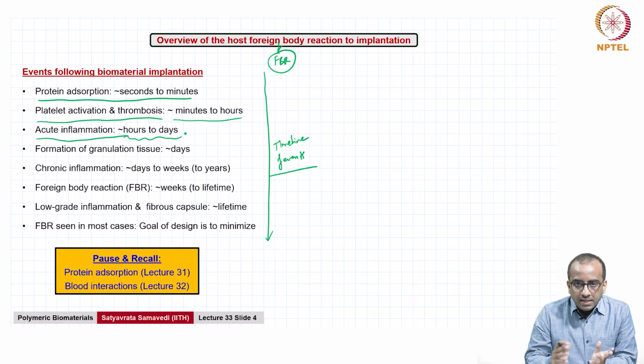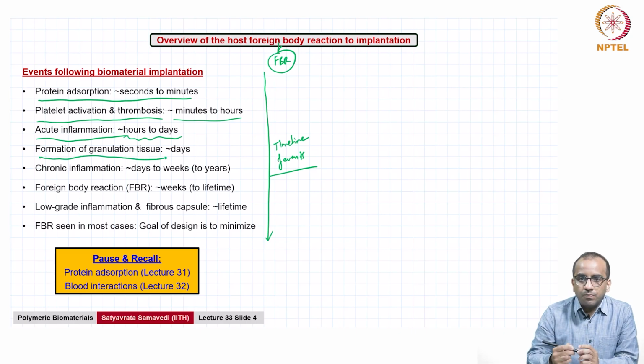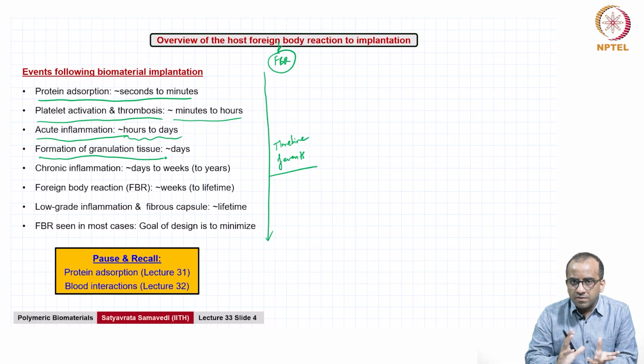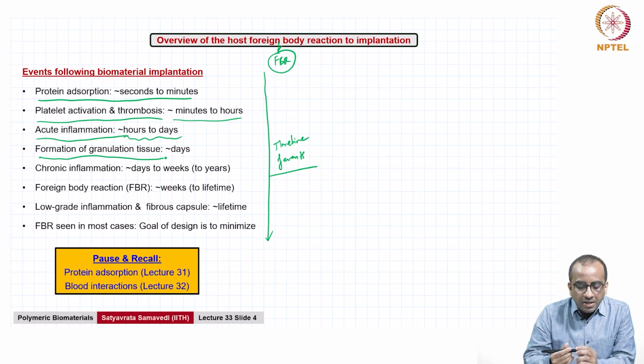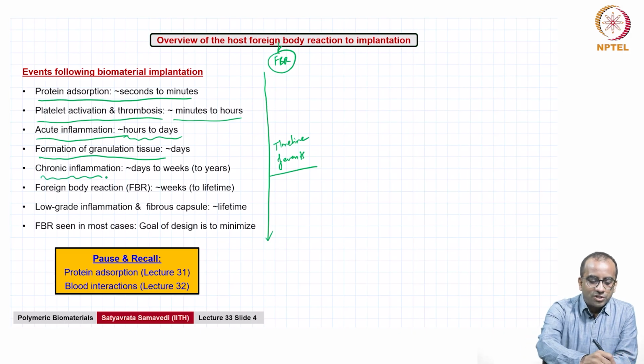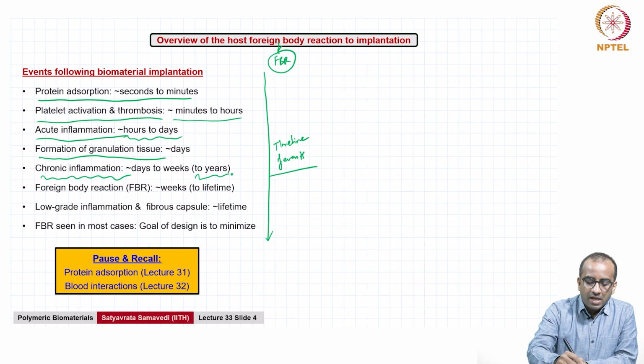And then you're also going to have formation of granulation tissue, which can occur starting within a few days to several days. And then in some cases you can have chronic inflammation, which can go from days to weeks, but in some cases that can go on for many years.